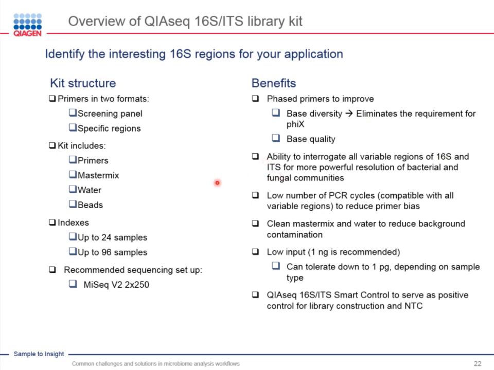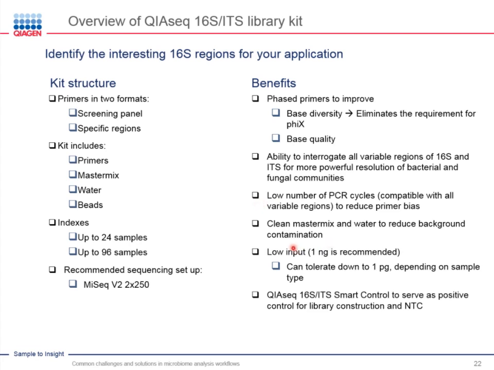As said before, the number of PCR cycles is important for your bias and also for amplification of background. Here we had a special interest in a system which can amplify with low PCR cycles from even very low DNA inputs.